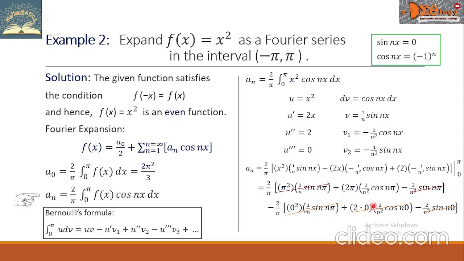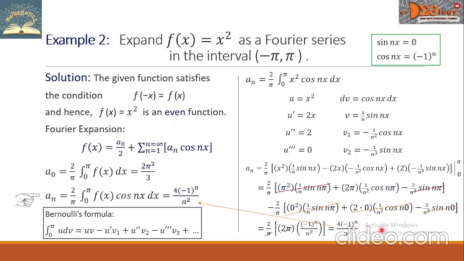For the second term here, the cosine n pi can be changed into negative 1 that is raised to power n. It becomes like this. Simplifying further, we can cancel the pi in the denominator with this pi in here, and the final answer will be 4 times the quantity negative 1 raised to power n over n squared. This is the value of our a sub n.